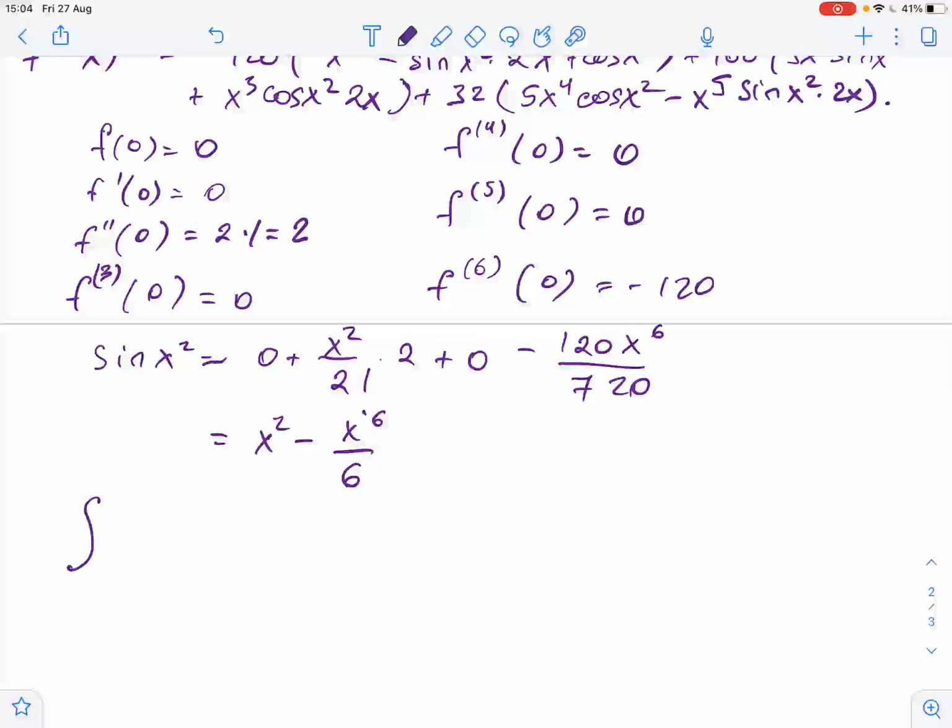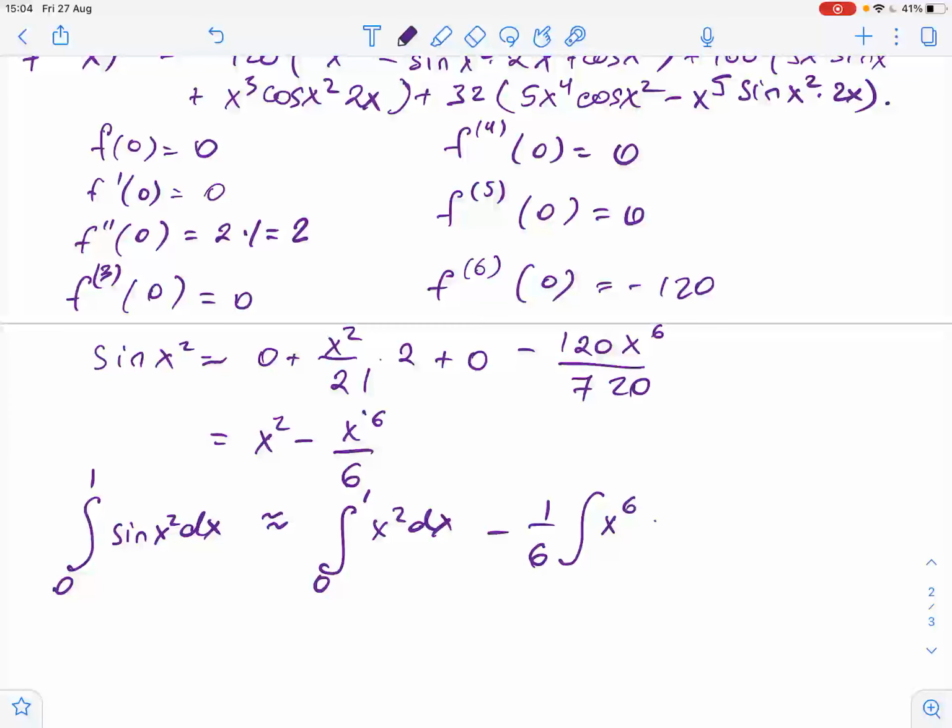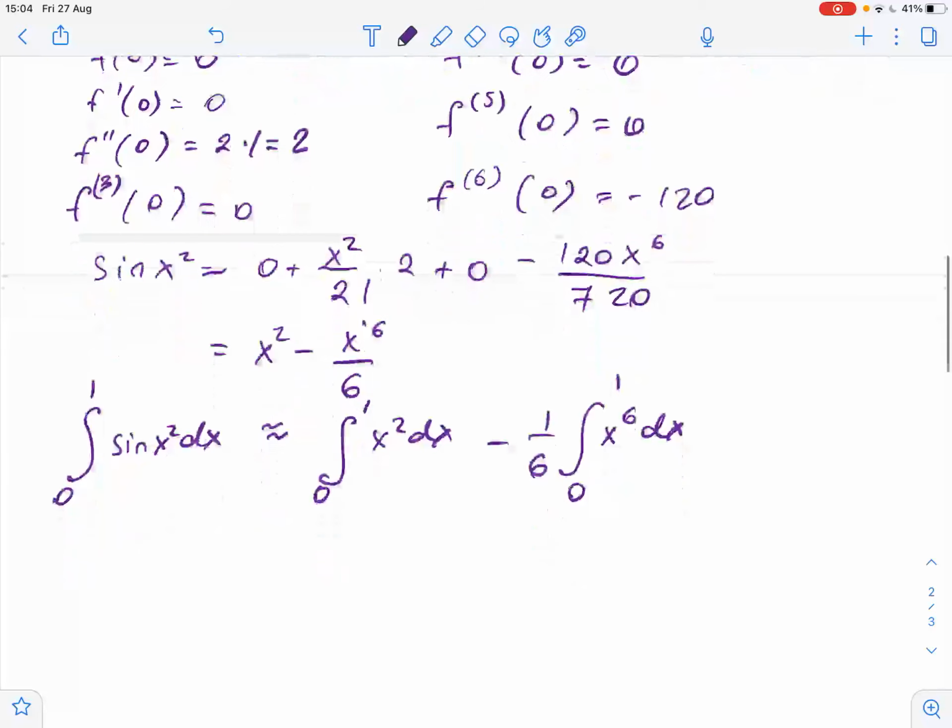Then in our case the integral of sine of x squared dx from 0 to 1 equals the integral of x squared dx from 0 to 1 minus 1 over 6 times the integral of x to the sixth power dx from 0 to 1.